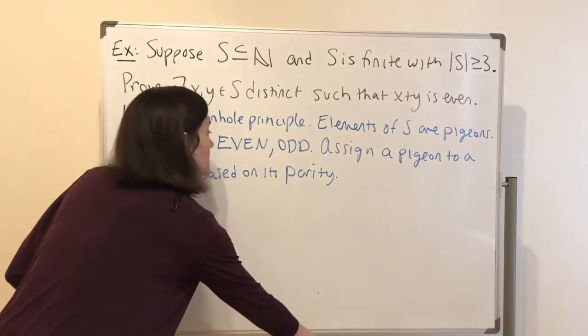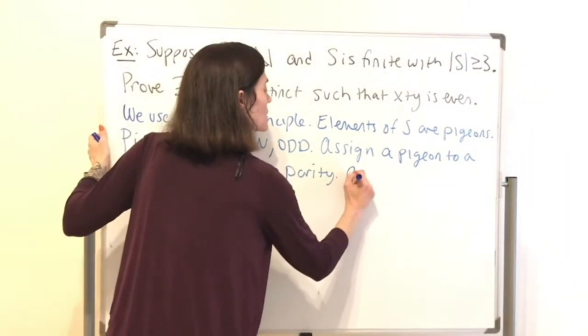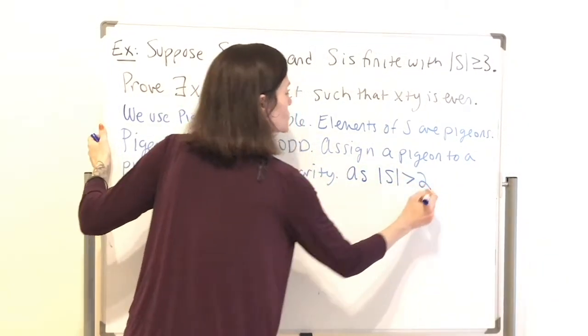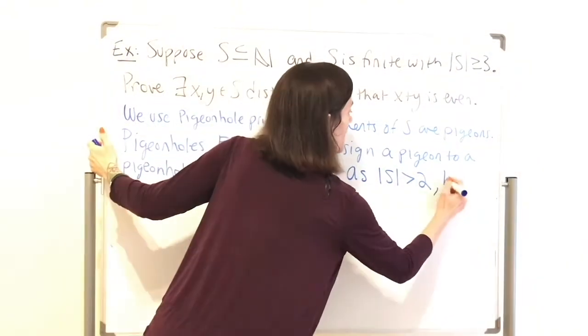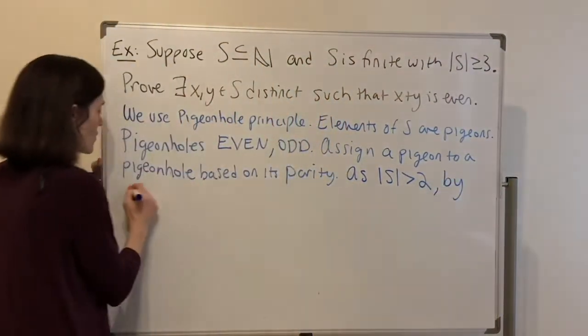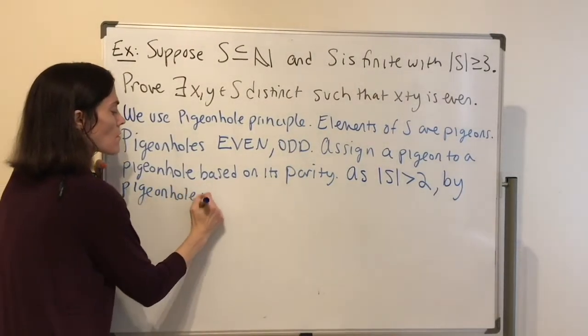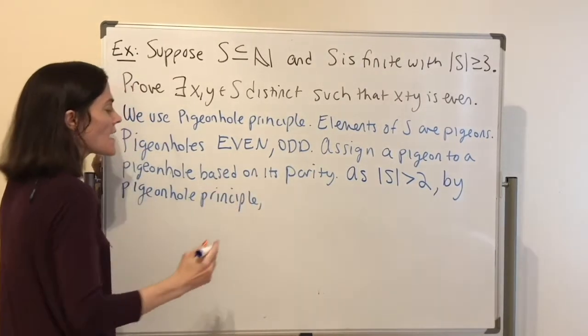Well, you notice, as the cardinality of S is strictly bigger than 2, it's at least 3, so it's bigger than 2, by the pigeonhole principle, what do we have?